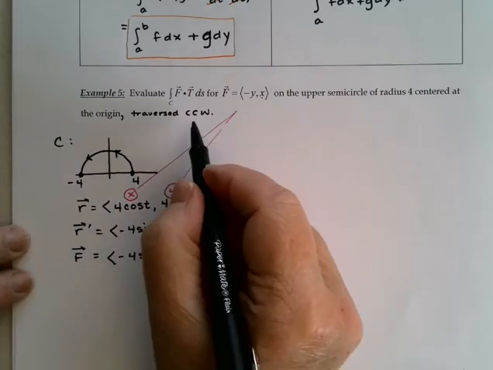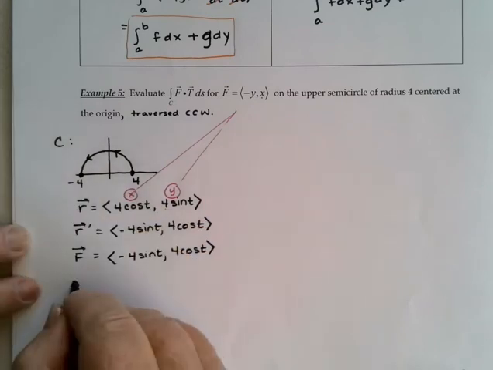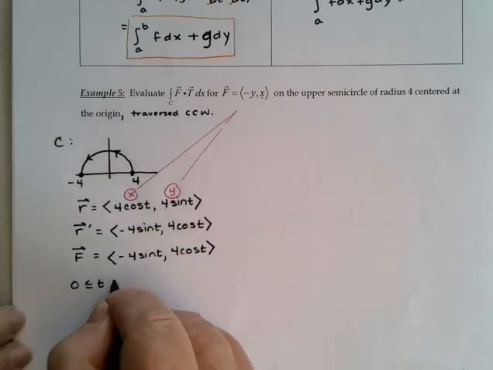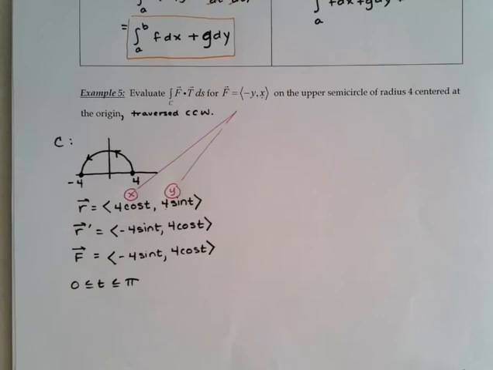I wanted the upper half circle, so my t values this time go from 0 to pi. All right, so that's all of the information I need to set this up.